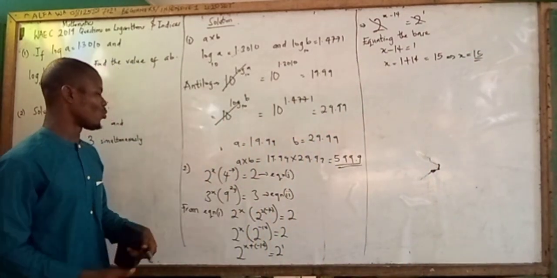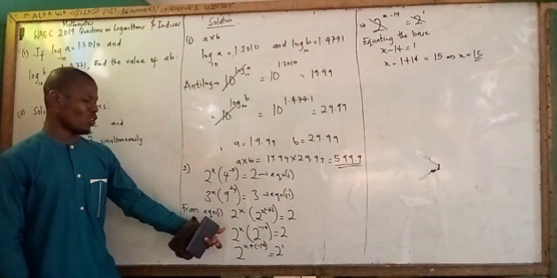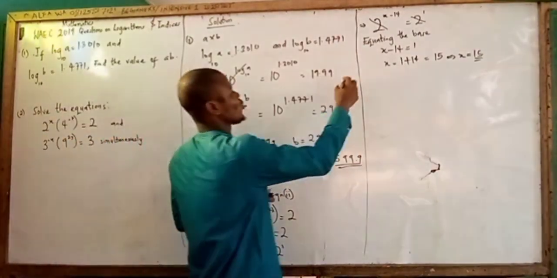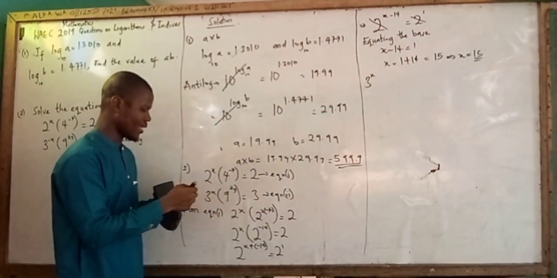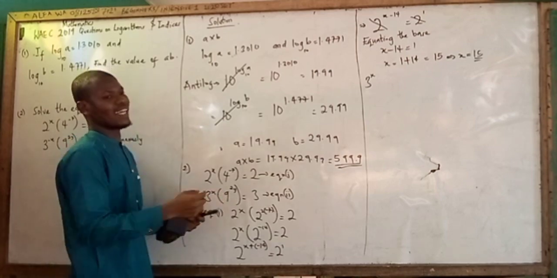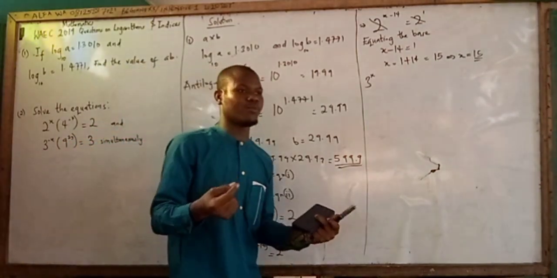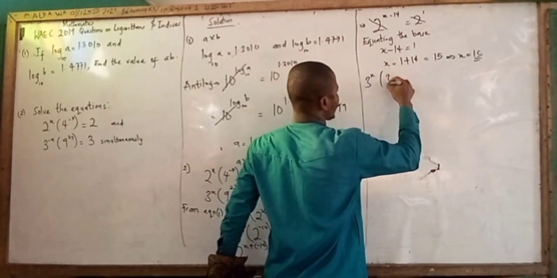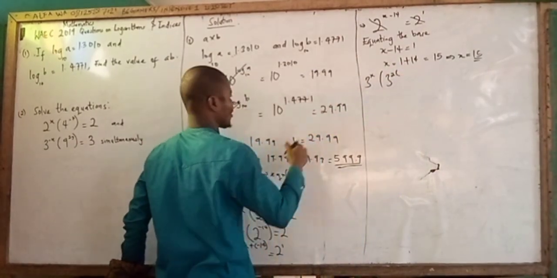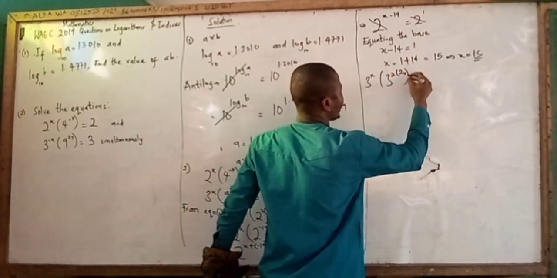So for question 2, we apply the same method as we have done for question 1. So we have 3 raised to the power x. Now 9 can be written as 3 raised to the power 2, that is 3 times 3. So we put in the bracket 3 raised to the power 2, in the bracket 2y.